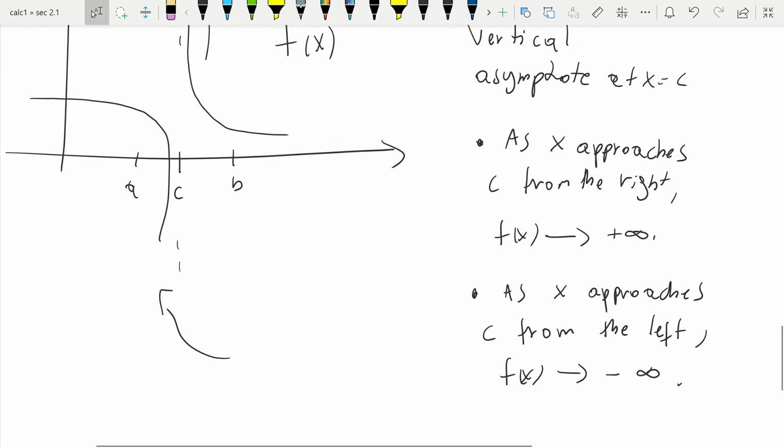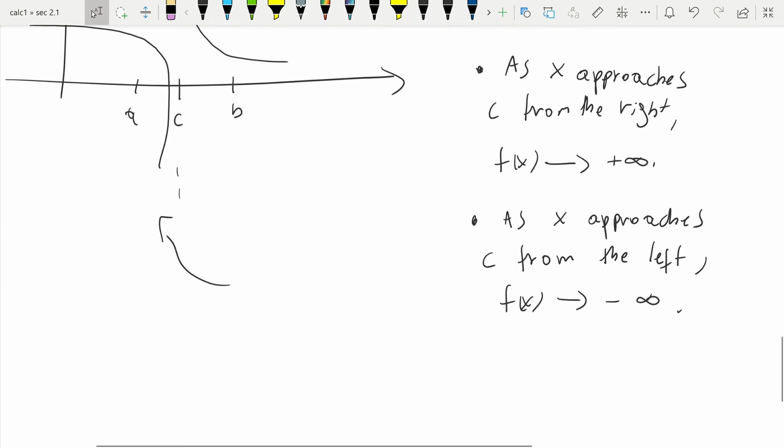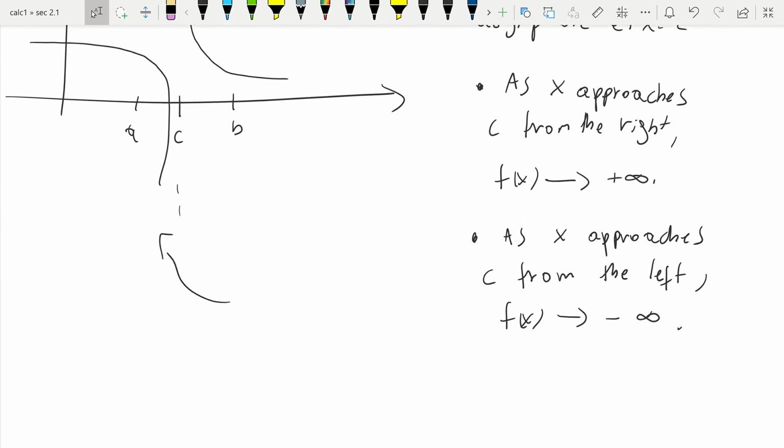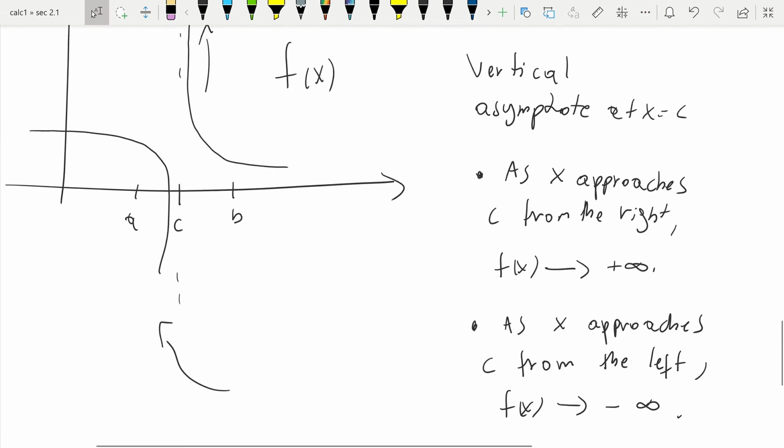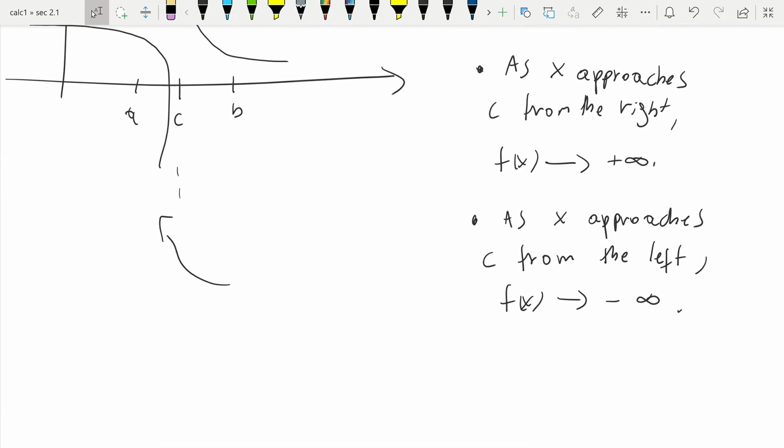Of course, the notation plus or minus infinity just means that f of x becomes unbounded, and more and more unbounded as you approach the point c. It becomes larger and larger after a certain point, or very, very negative if we are approaching c from the left.